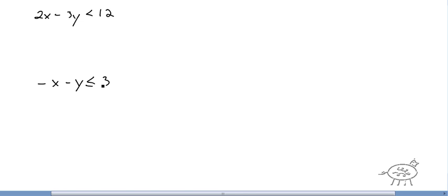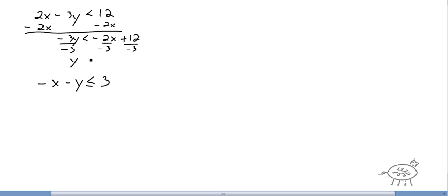Okay, so let's do the first one here. We're going to subtract 2x, and we get negative 3y is less than negative 2x plus 12. Divide everything by negative 3. So y is, and remember, we just divided right here.